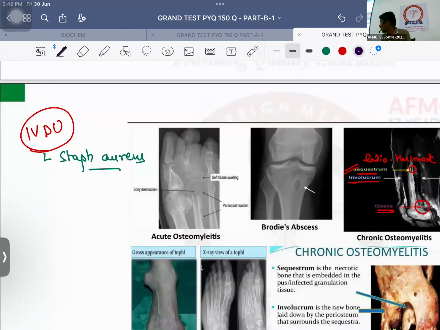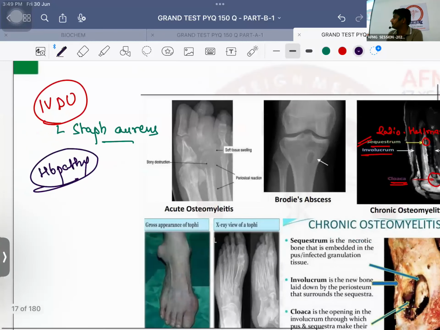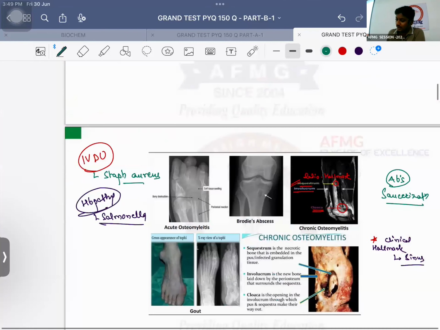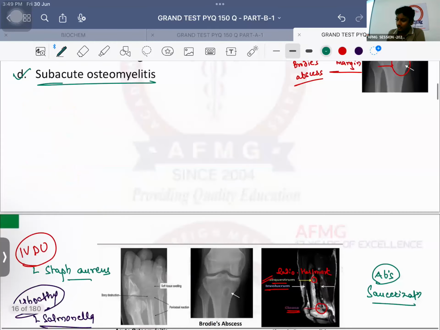Most common cause of acute osteomyelitis in a patient of hemoglobinopathy. Sickle cell anemia, thalassemia. Very good. It is salmonella. This was a previous year question. In a case of hemoglobinopathy, the most common cause of osteomyelitis, ये question भी करवाया मैंने, that is salmonella. Okay, please remember that. No issues with this, anybody? So that's the important thing you need to be aware of.